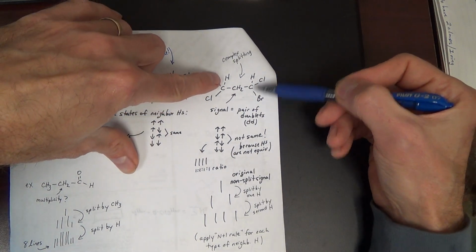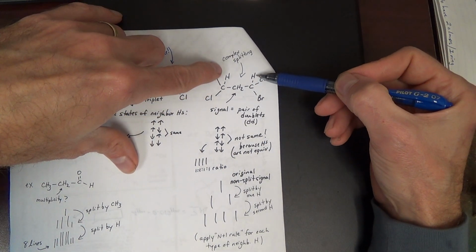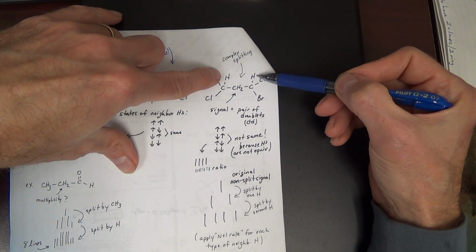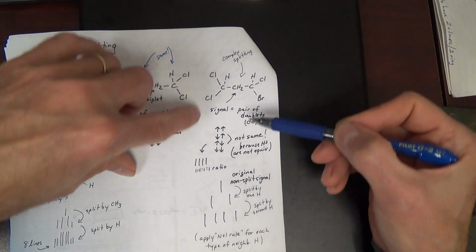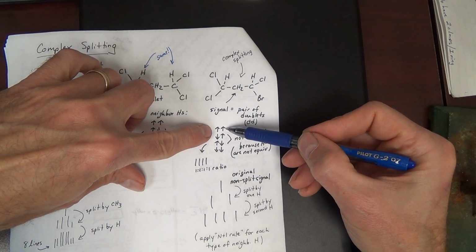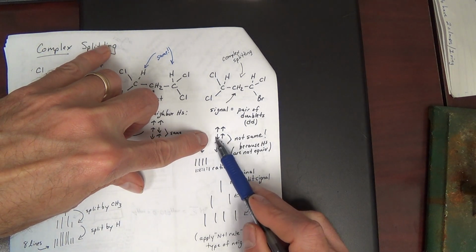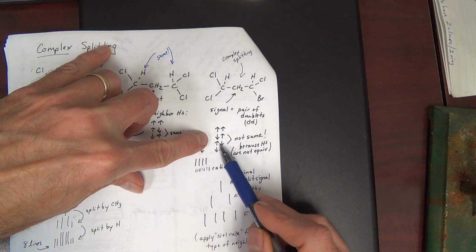First we'll do theory here. If you look at the possible magnetic moment directions for the two H's, they can both be lined up with the external field. They can both be opposed. One can be lined up and one opposed, or you can have the other one lined up and the other one opposed.